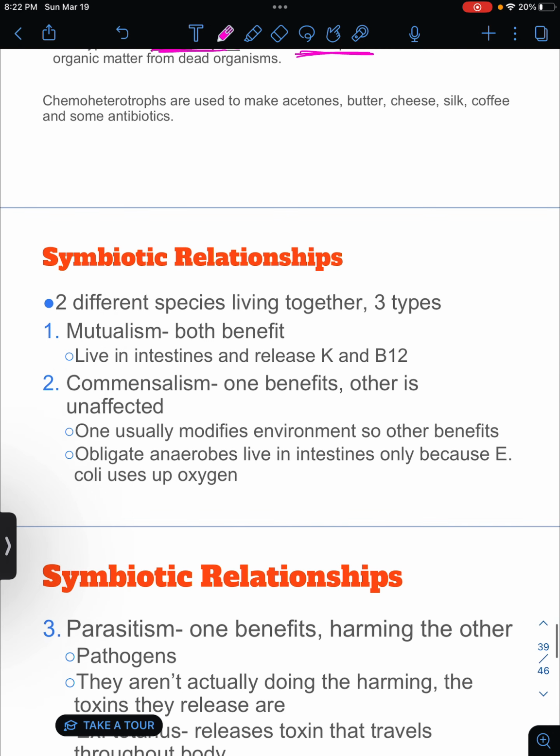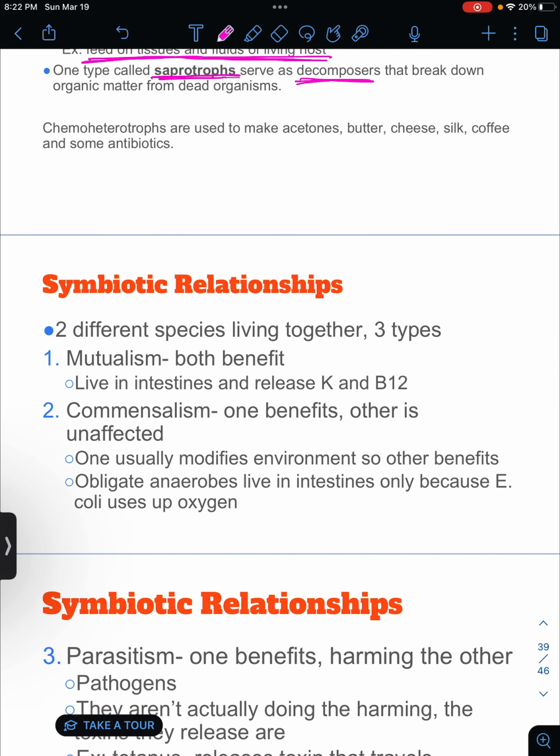Now we're going to talk about the relationships of these. Symbiotic relationships are when two different species are living together, and there are 3 types, okay? The first one is mutualism. That should be pretty easy.